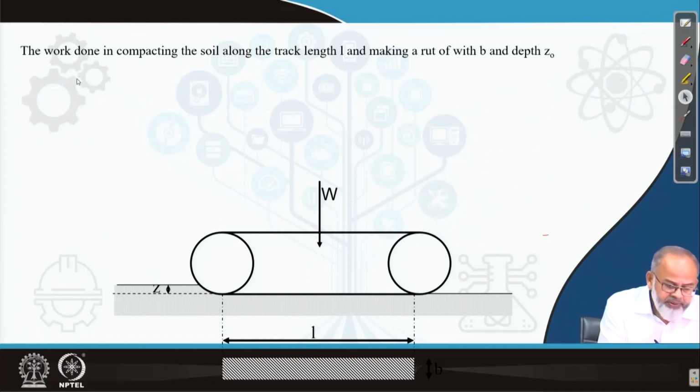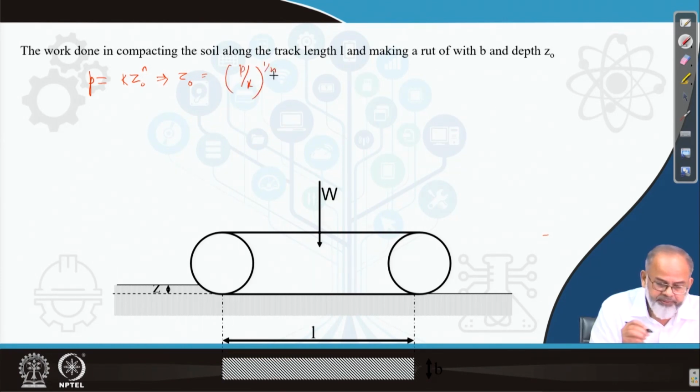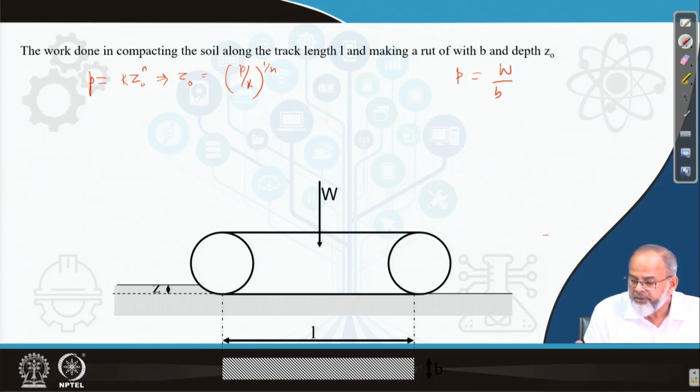So we know that in a plate sinkage test, P is equal to kz to the power n. If plate has to be sunk into a depth of z0, then pressure at that depth will be equal to kz0 to the power n. Or in other words, z0 will be equal to (P by k) raised to the power 1 upon n. Now, as you have assumed that the pressure is uniformly distributed, that means load is uniformly distributed, P I can write as W by B into L, because B is the width, L is the contact length.